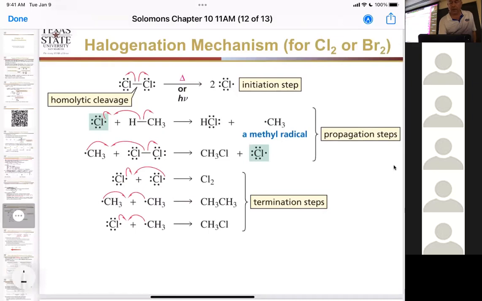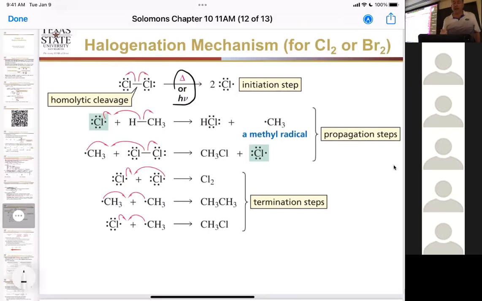And notice we're going to make our radical with heat or light with the chlorine first. Why? It's going to be easier to do because there are two chlorines, and so they'll want to break apart homolytically. They'll want to break apart with the radicals. So you're actually going to generate two radicals in breaking apart that one molecule of chlorine.